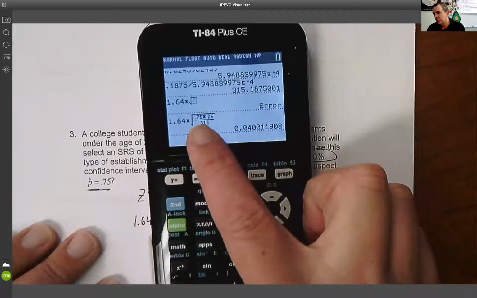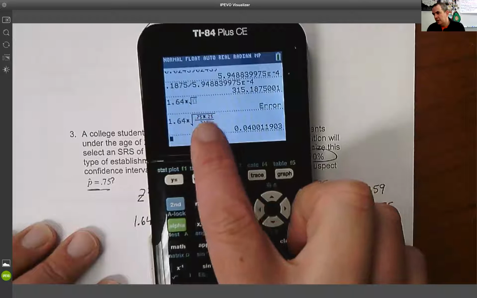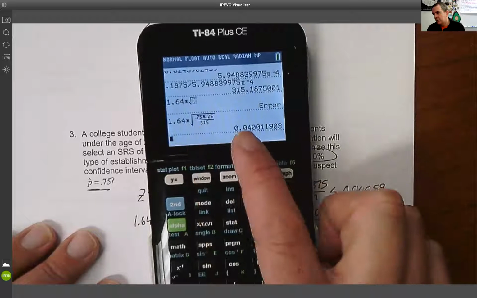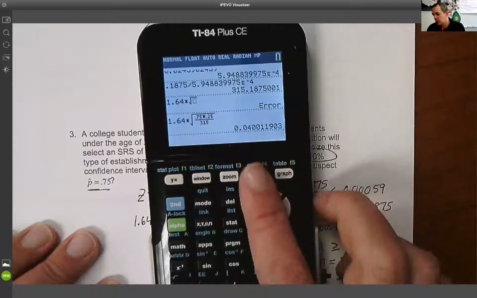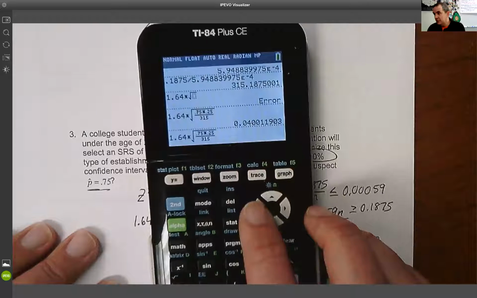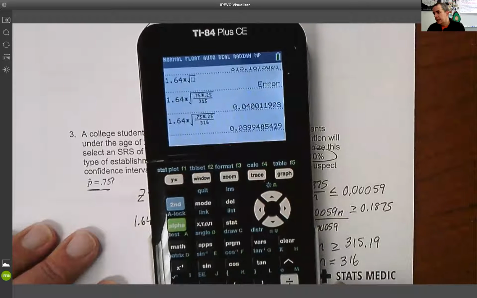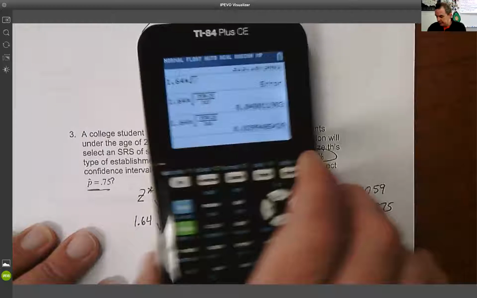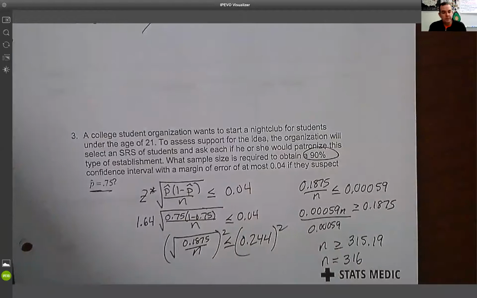If I did this margin of error, 1.64, my 90% confidence, there's my numerator, my denominator, 315, I get a margin of error of 0.0400119. Watch what happens when I change that number at the bottom to 316. I get a number that's less than 4. So in this problem it says at most 4. That first one was not at most 4, it was over 4.